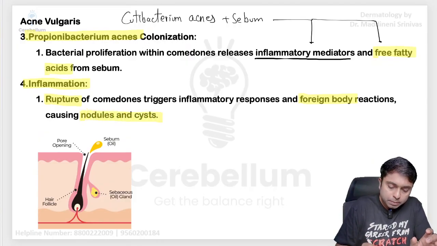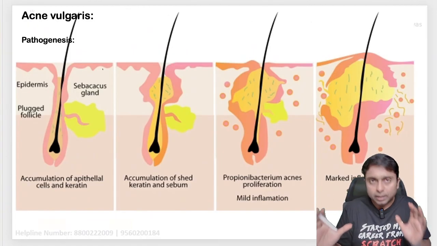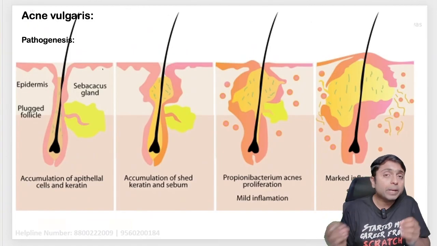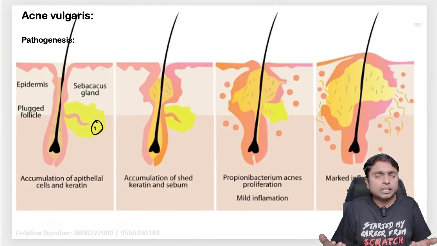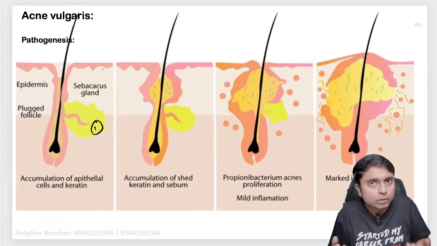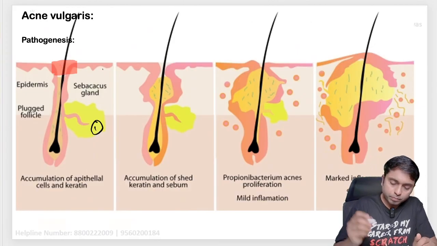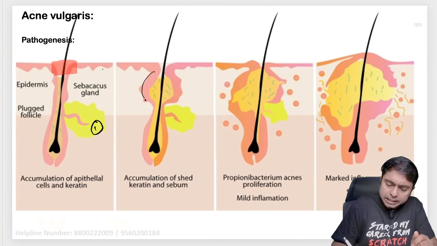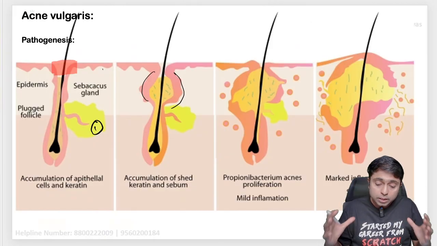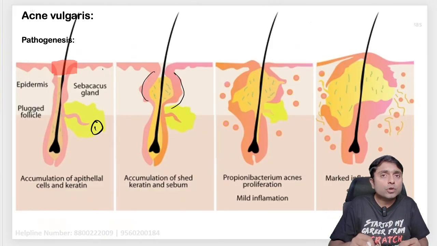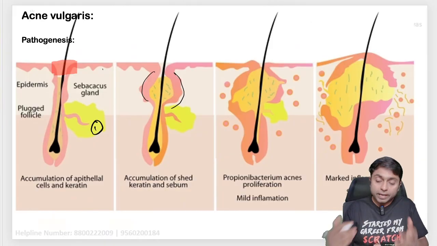So in this picture you can clearly understand all these four important factors which are happening here. Number one is the increased sebaceous gland secretions because of the activity of the androgens or testosterone, and the second one is the follicular plugging. Because of this, there will be bulging of this hair follicle or pilosebaceous unit, and inside this there is going to be Cutibacterium acnes which will eat on the sebum and produce the free fatty acids.